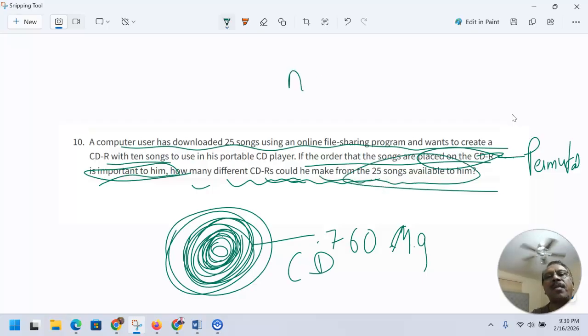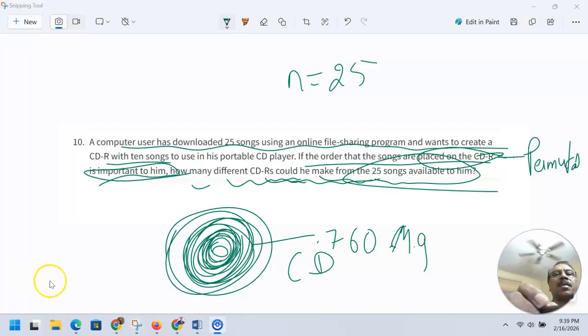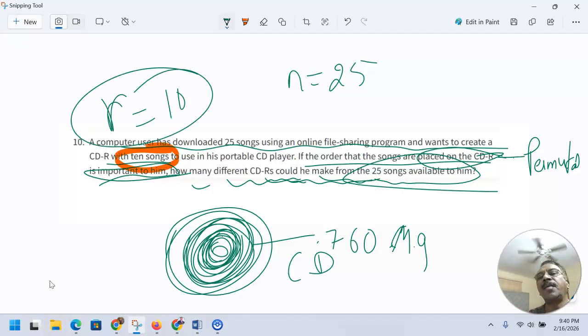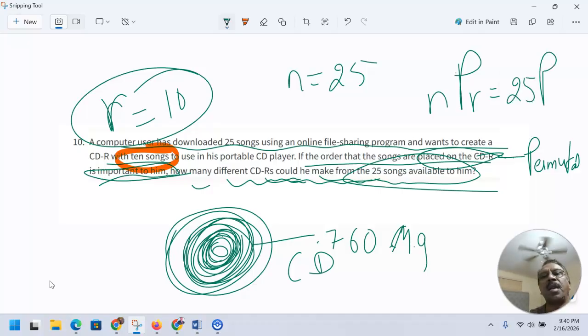So you have 25 songs and you want to make out of 25, you want to have how many? I forgot. Because it clearly says 10 songs. So that means your r is 10. All you do is the same permutation formula, nPr. It means there are 25 songs and you have to select 10 of them.